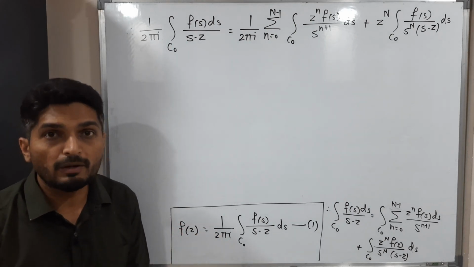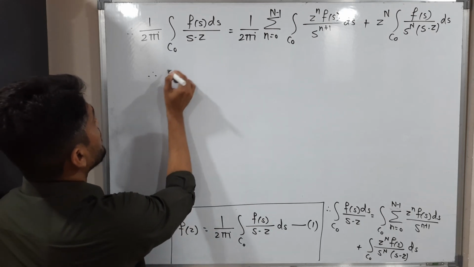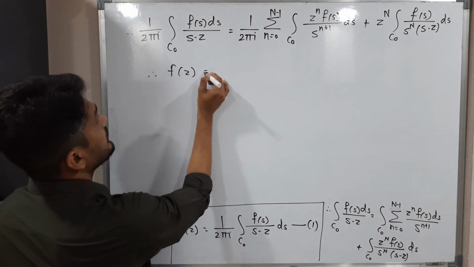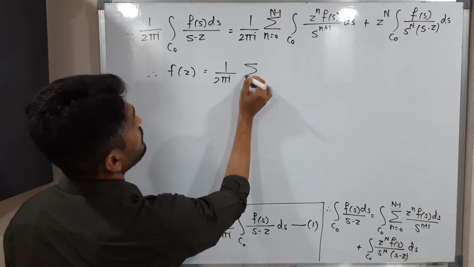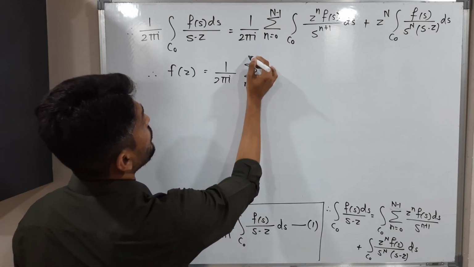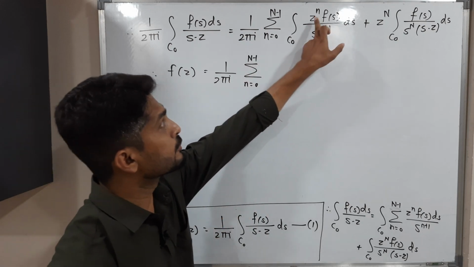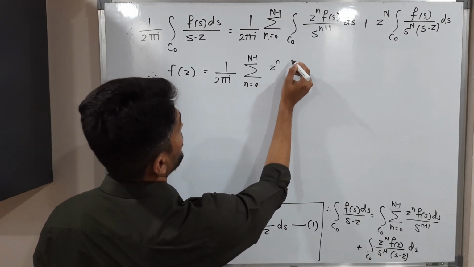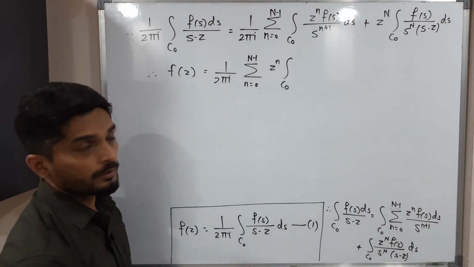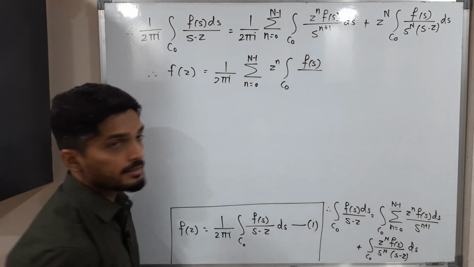But the left hand side is nothing but f of z, from equation number 1. So let me directly write: f of z is equal to 1 upon 2 pi i summation n running from 0 to N minus 1. You can easily see this is integration in s, so z raised to n is constant, and we can take it outside the integration: z raised to n integration over C naught of f of s divided by s raised to n plus 1.